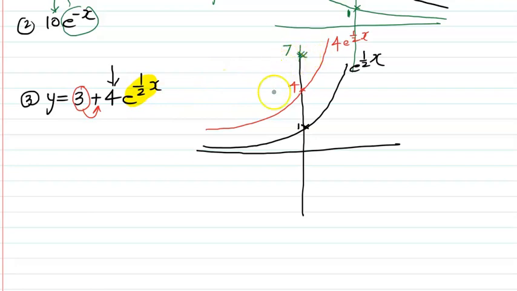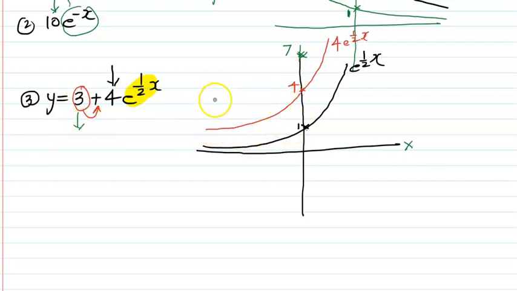Here the important thing is, when it was crossing at 1, the asymptote was the x-axis. When it is crossing at 4, then 3 will be the asymptote. So in this case, when it is crossing at 7, because it has gone 3 up, this 3 will be the asymptote.